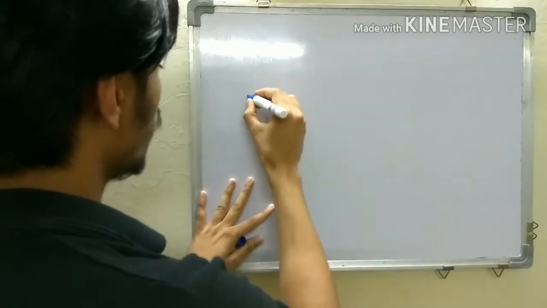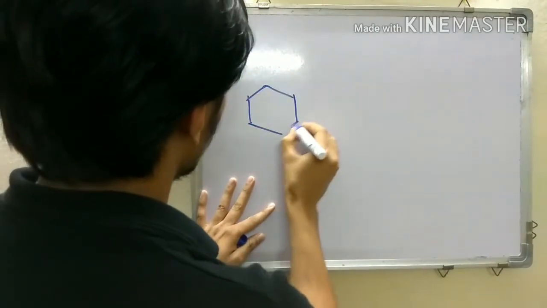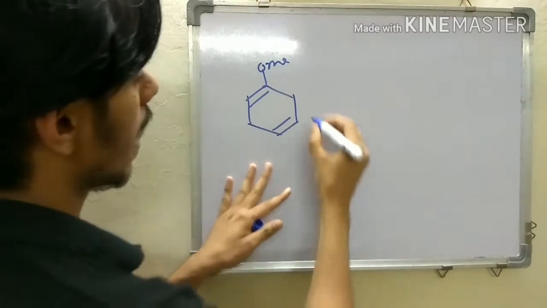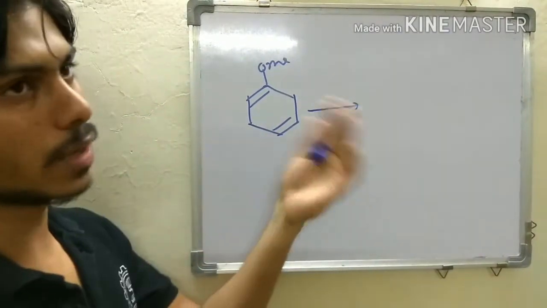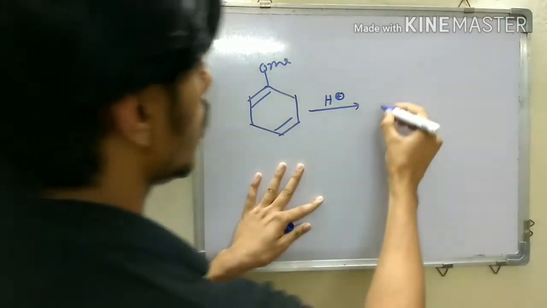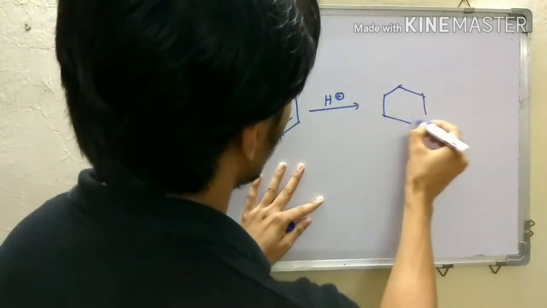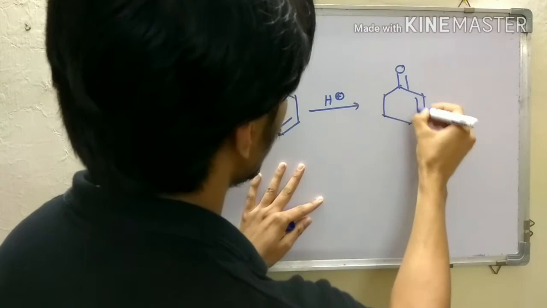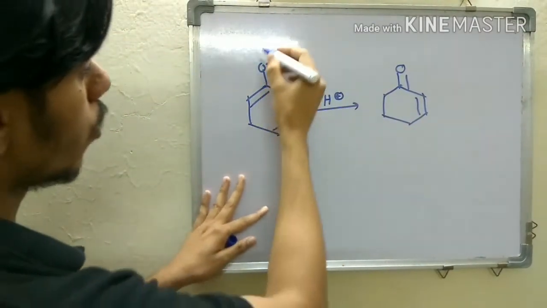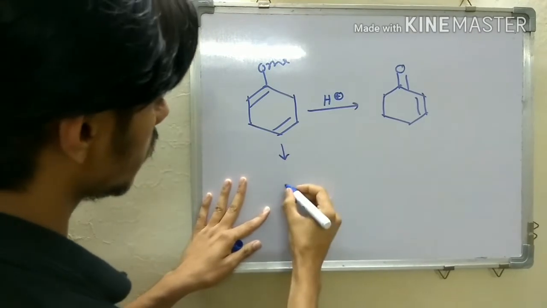Now if you remember the product which we got from the previous case, this OMe, it can give you further steps. So what will happen if you treat it with H plus? It will be converted to this particular cyclohexenone. What is the mechanism? You can wrongly write a mechanism like this.